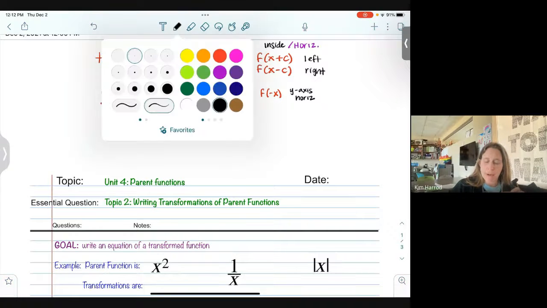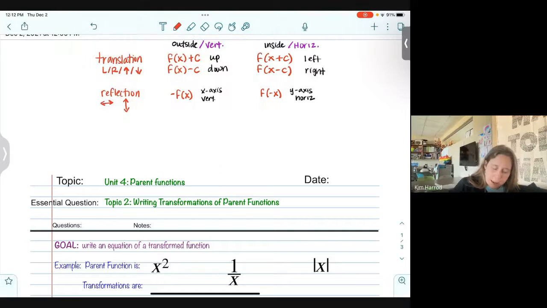And the one that takes a little bit of practice to get good at is the stretches and the compressions. And I'm just adding a little space here because I want to remind you that stretching is when something gets bigger. Maybe I should write this underneath so I have room.